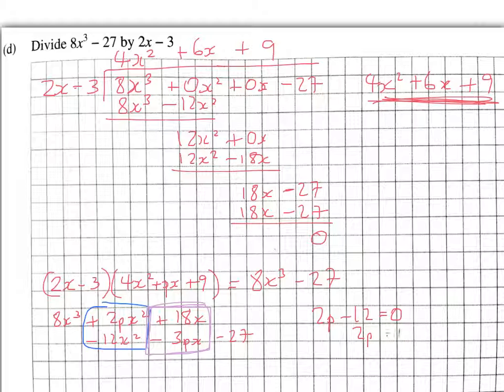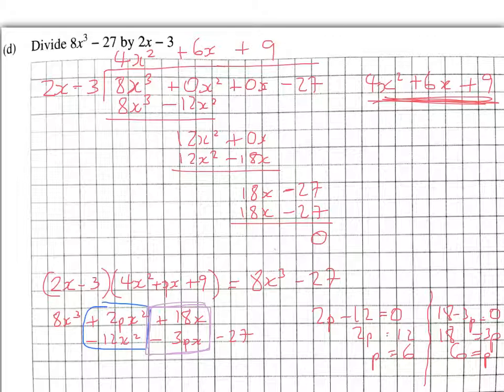So it doesn't take long. We find p is 6. Alternatively, instead of that, what I could have done is said, well, 18 take away 3p is equal to 0. And eventually I would have come up with the same answer. P is equal to 6. So it doesn't really matter which way it goes.